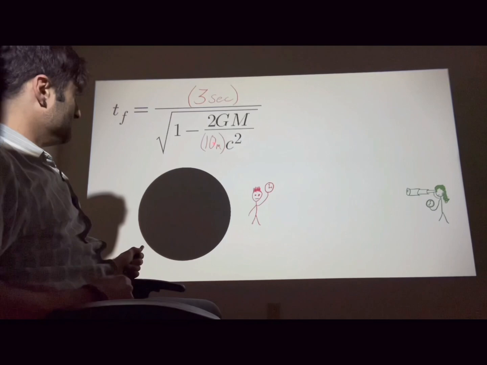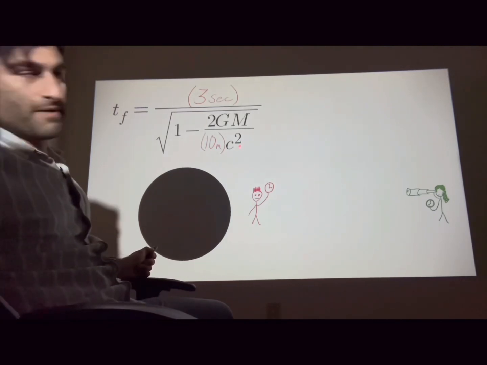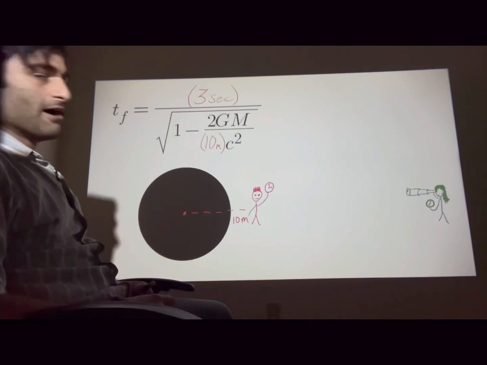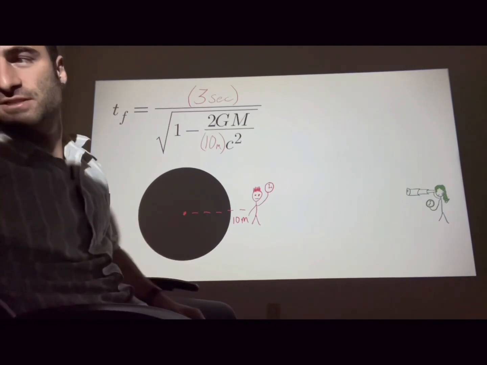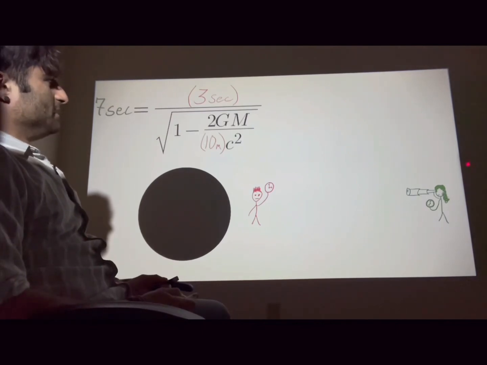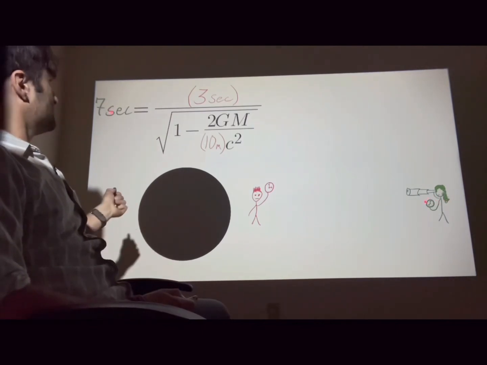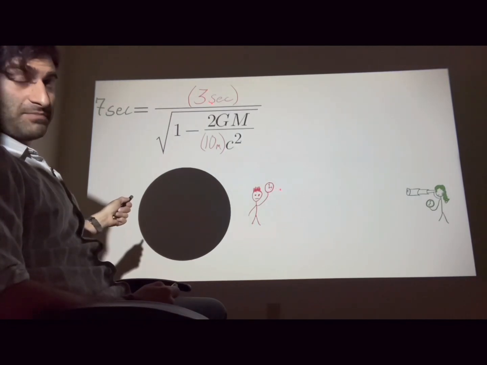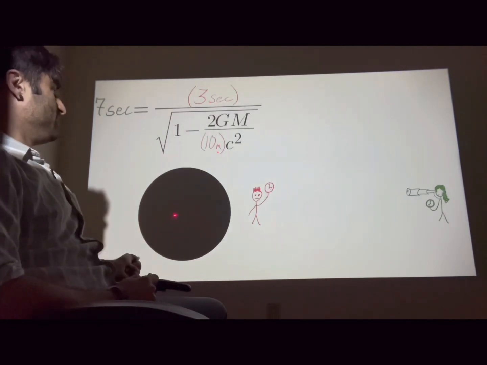If the person is 10 meters away from that massive object. So we calculate it out, and let's say, for instance, we got that it was 7 seconds. It took this person 7 seconds to see 3 seconds go by on this person's clock when they are 10 meters away from this massive object.